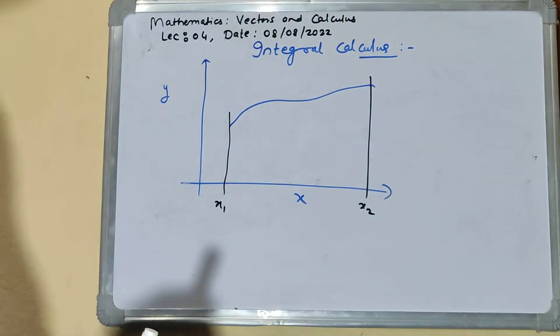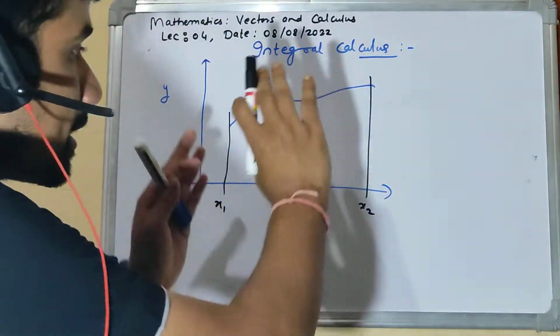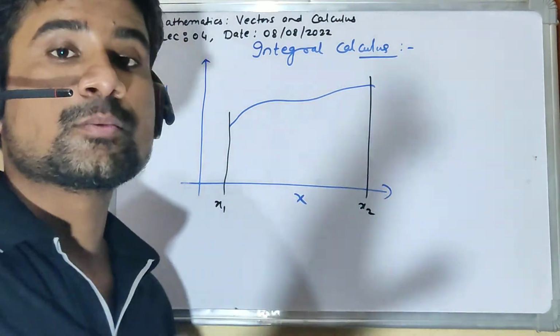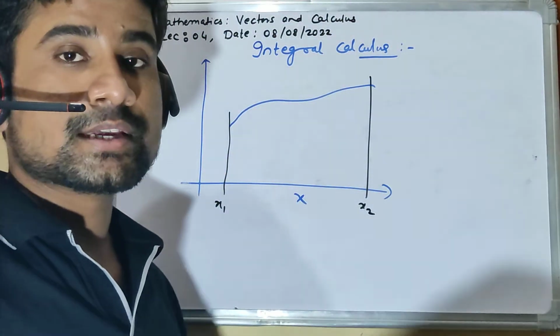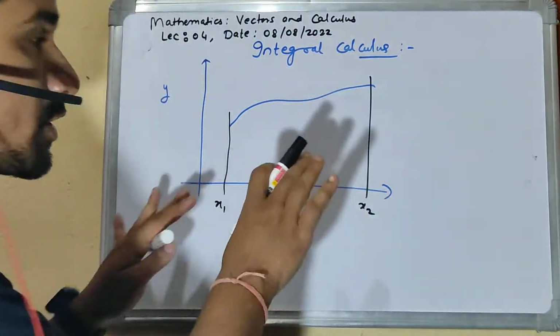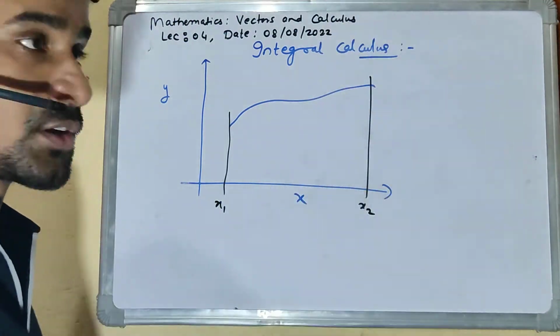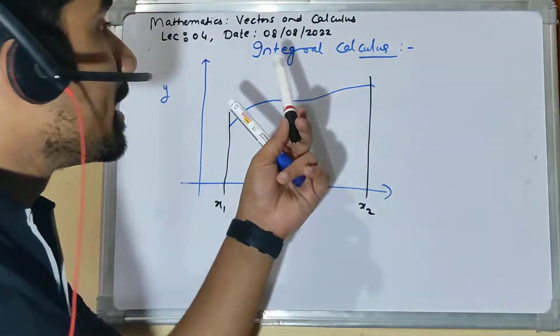And if I need to find the area enclosed by this curve, I don't have a direct formula. I know the area of a square, area of a circle, area of a trapezium, but for these kinds of curves we don't have a direct formula. This is a continuous curve, right? So to calculate the area of these types of functions, we need integral calculus.